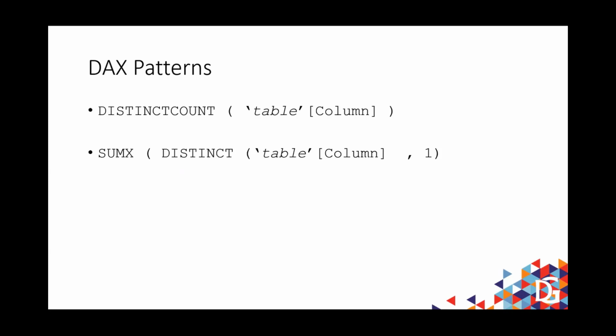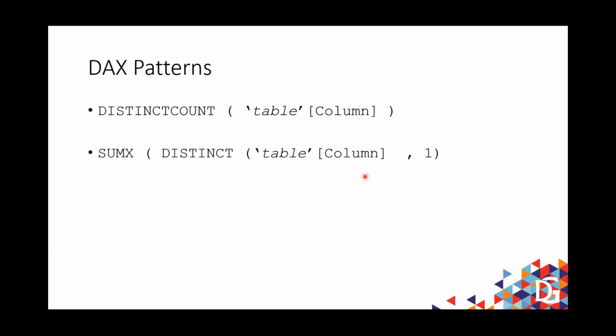However, there's quite a clever and alternative technique using the SUMX iterator DAX function. What the SUMX function does is you pass it a column using another function, which will effectively group the values in the column. And then the second parameter, which is the DAX expression, is just a single value. If you're familiar with iterator functions in DAX, the first parameter is always a table, and in this case it's going to be provided a single column table.